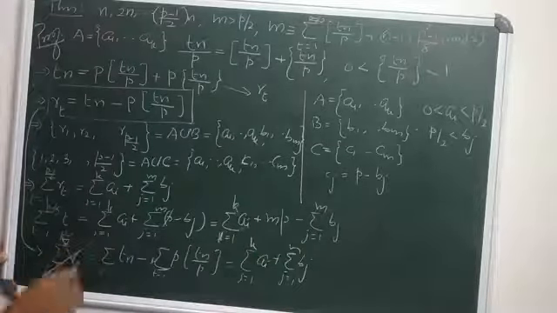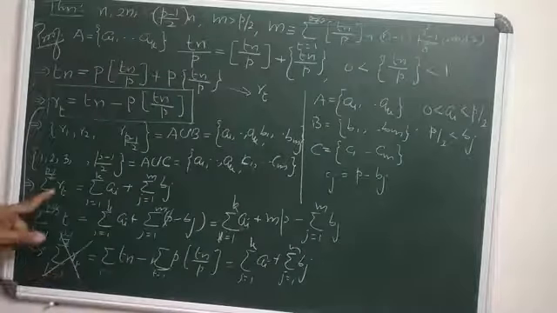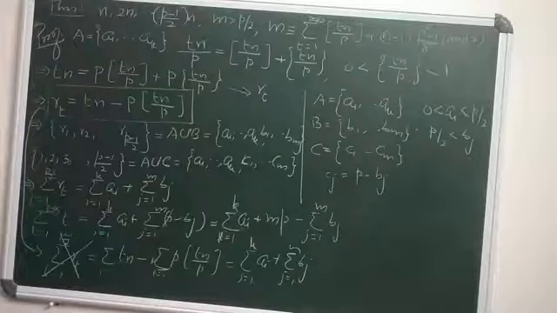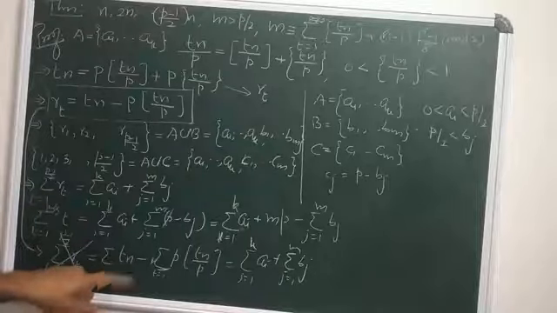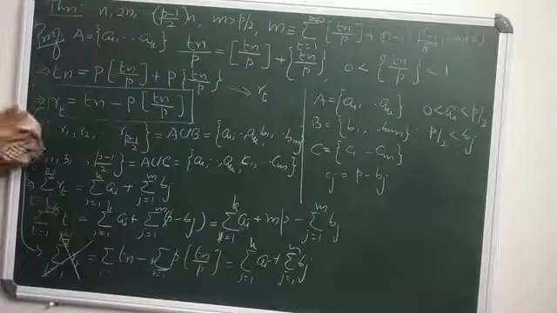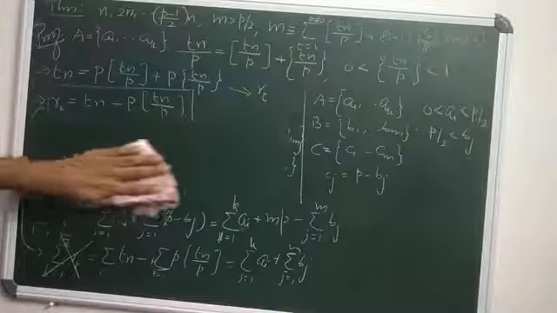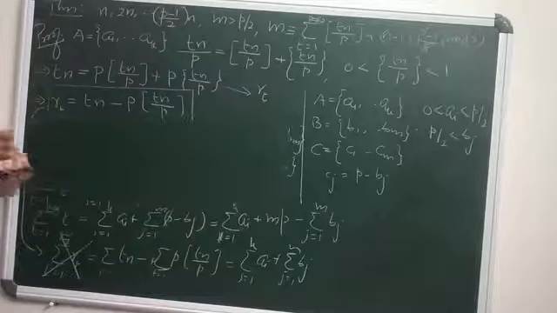Why? Because we know that sigma T ranges from 1 to (P minus 1) by 2 of Rt is nothing but this one. Agree? So we have this result. That is sigma T ranges from 1 to (P minus 1) by 2 of Tn minus P times sigma of this one equals sigma Ai plus sigma Bj.